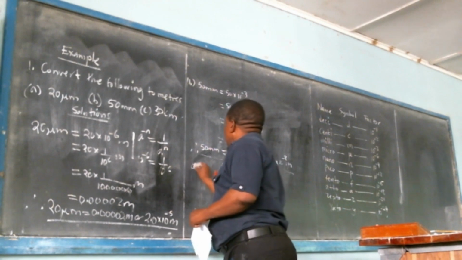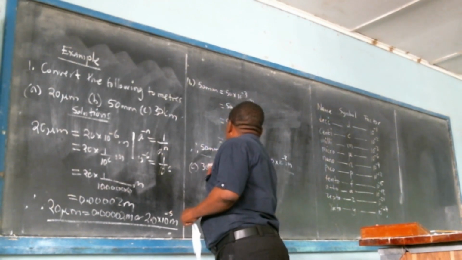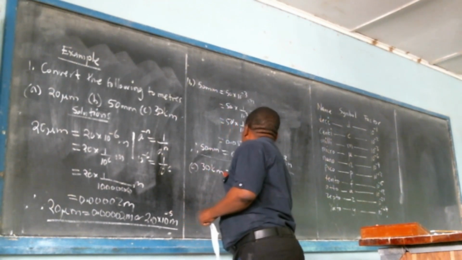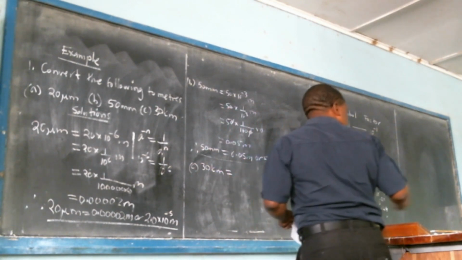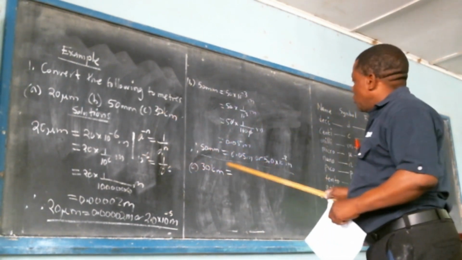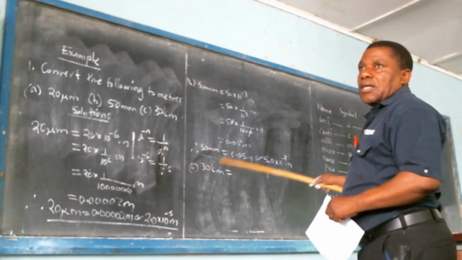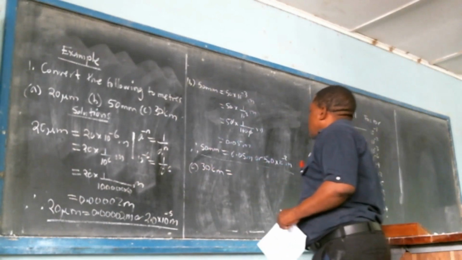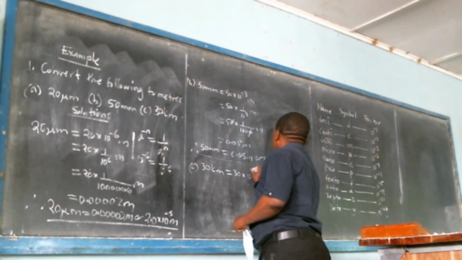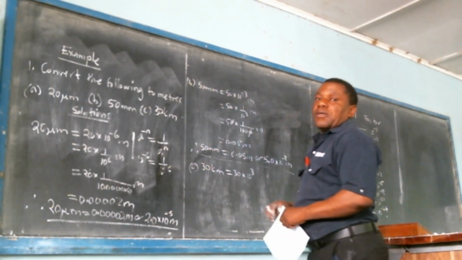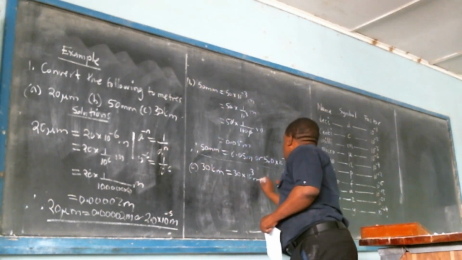So C, 30 kilometers, is simply written as, remember, our job is to get rid of the prefix. So this will give us 30 multiplied by 10 to the power 3 of a meter.